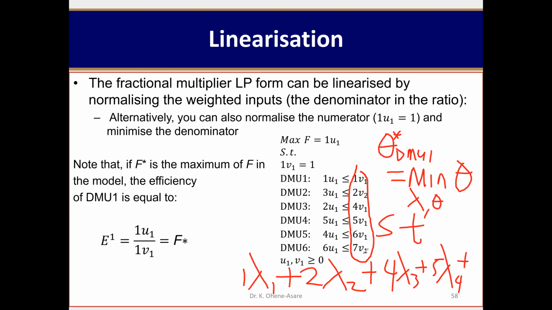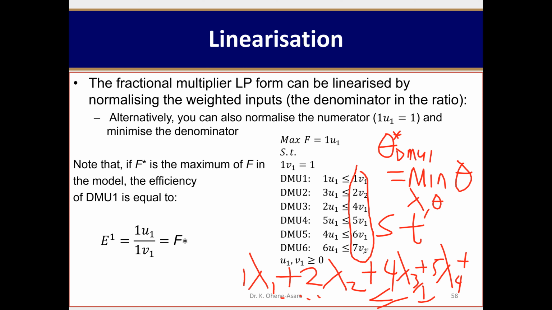Now, all of this must be less than or equal to that very firm's input you are trying to minimize. And in this case, that firm is DMU1. So it should be less than or equal to input 1. The rule is saying that it should not be more than the input of the DMU whose efficiency you are actually measuring.